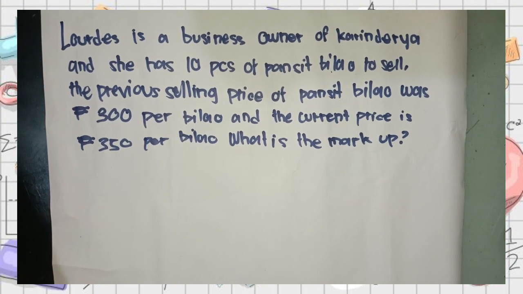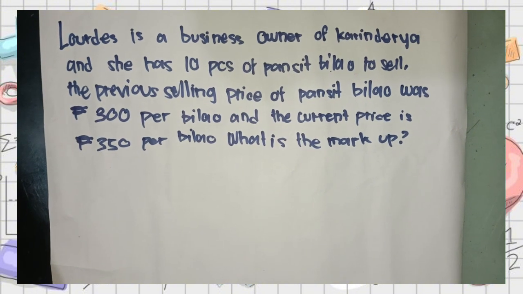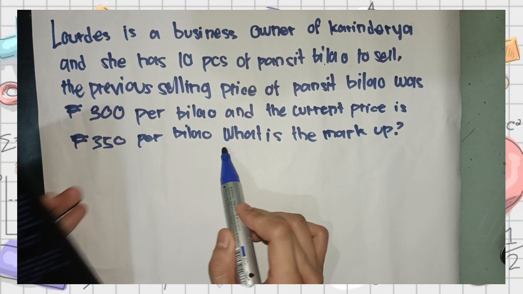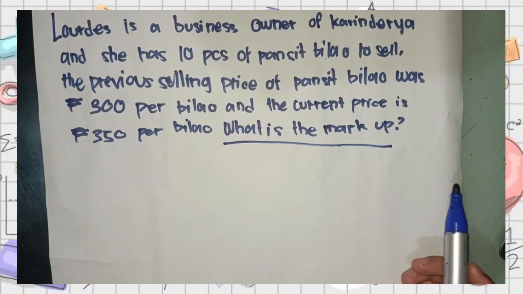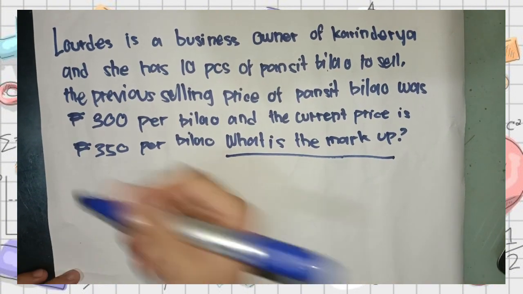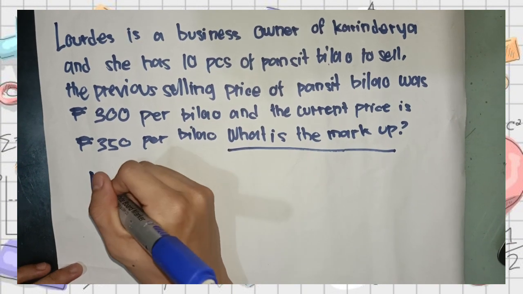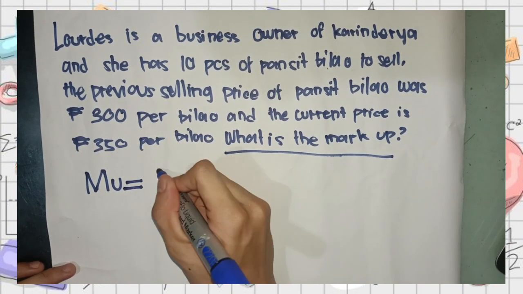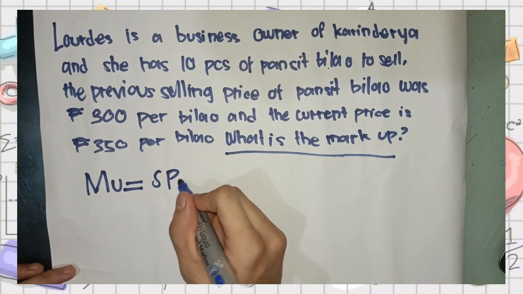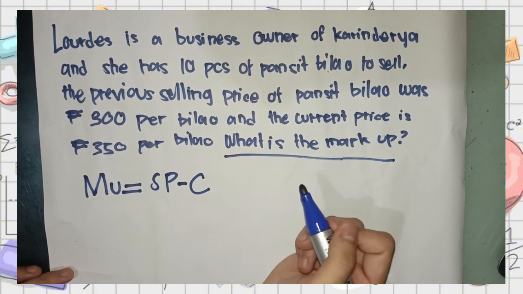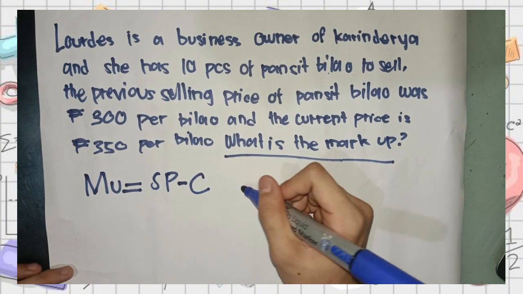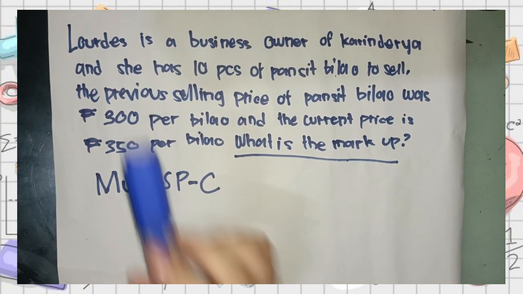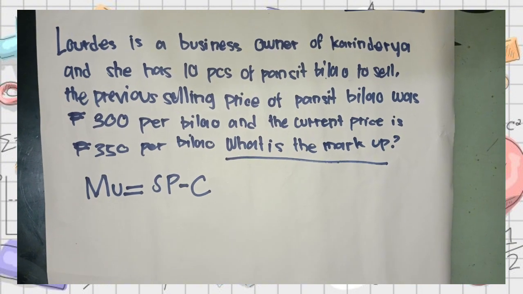Then, ang magiging markup natin ay pag-compute muna ng formula. So, yan. What is the markup? Markup is equal to selling price minus the cost or the original price rather. 350 and 300.